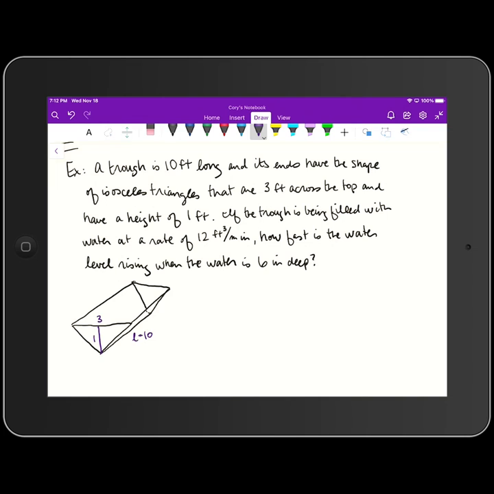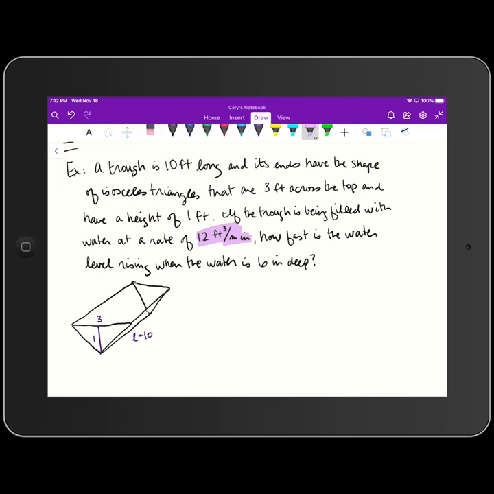And then it says the trough is being filled with water at a rate of 12 cubic feet per minute. So that's a rate, and the unit of measure is going to tell us what rate we're looking at. Cubic feet per minute is a change in volume with respect to time.